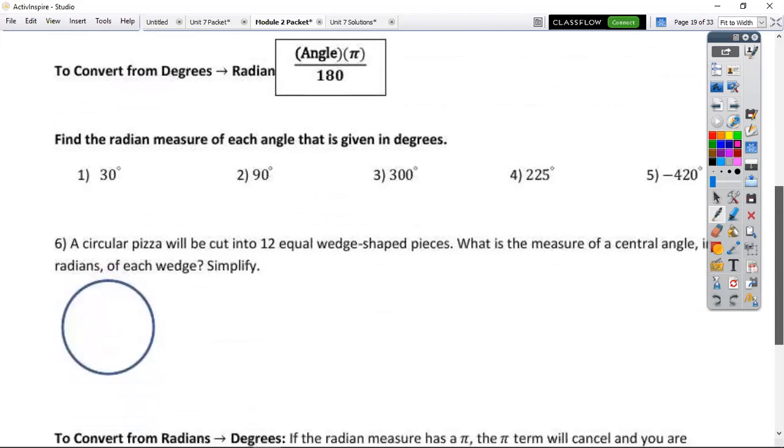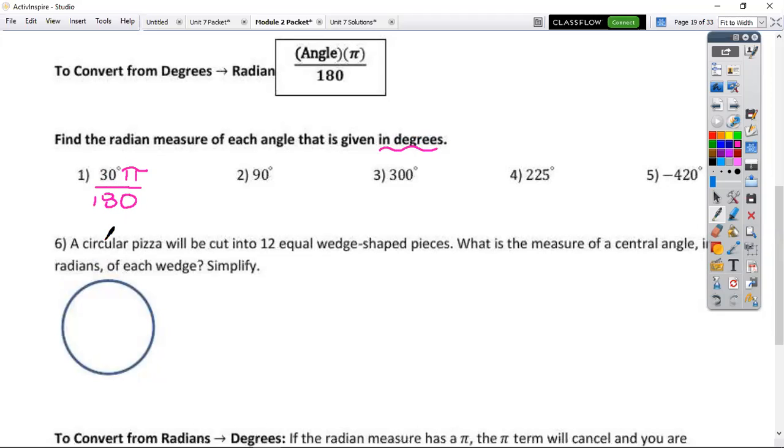So below, number 1, it says find the radian measure of each angle that is given in degrees. So on your formula sheet right now, you are going to find in degrees. Okay? So in degrees says that 1 degree equals pi over 180 radians. So that means that you take this degree measure and you are going to multiply it by pi over 180.